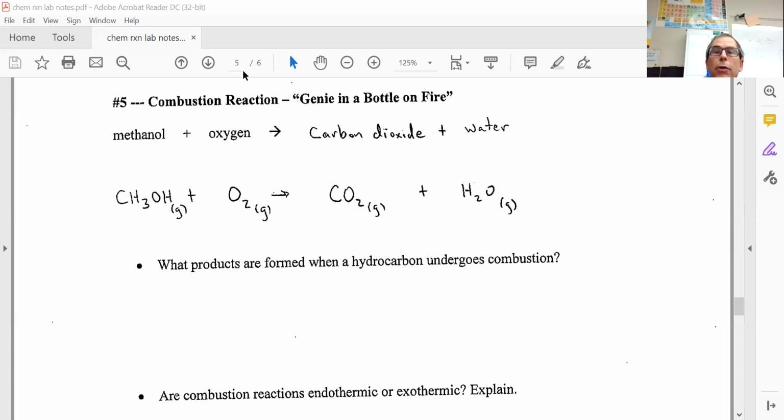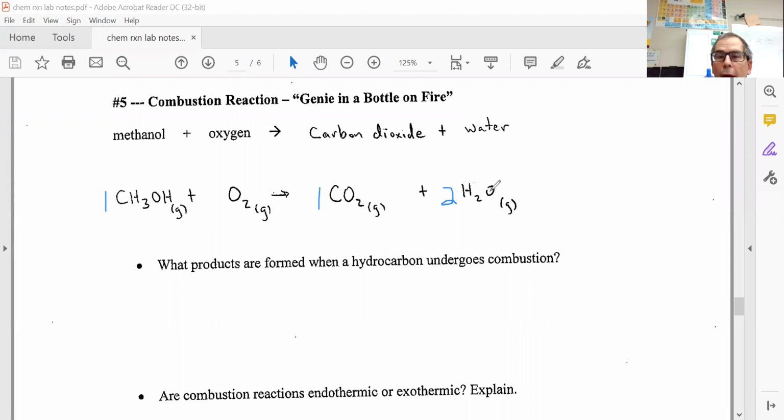This is not a balanced equation, so we will go through and balance that. Let's start here. I'll put a 1 by 1 carbon and 1 carbon here. I have 4 hydrogens, so I'm going to put a 2 here.